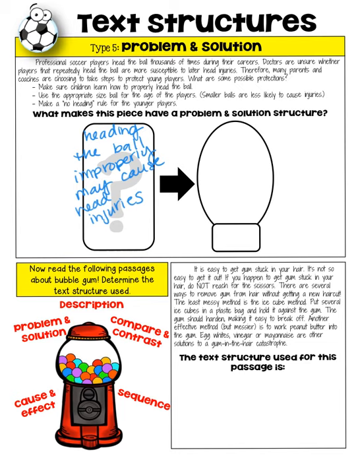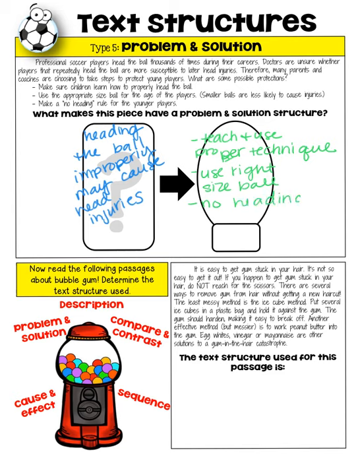And the solutions to that problem are to teach proper technique, so teach and use proper technique for heading the ball, using the right size ball, and no heading rules, especially for young players. So this text presented a problem and also ways that we could take care of the problem.